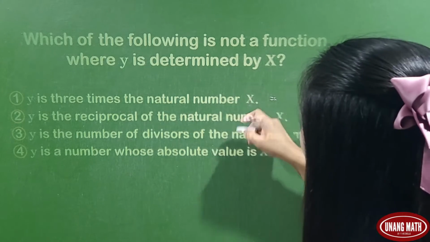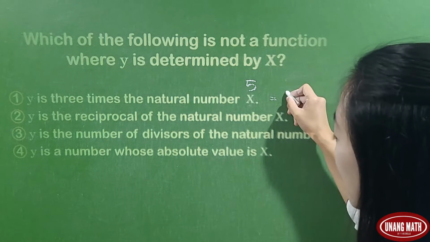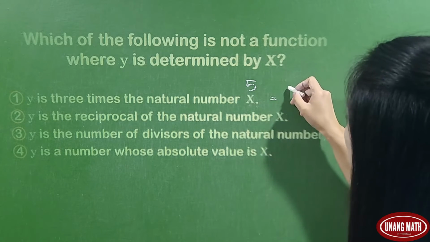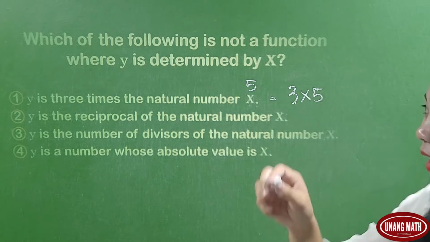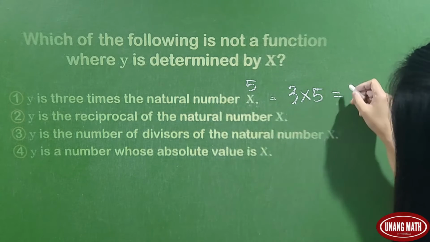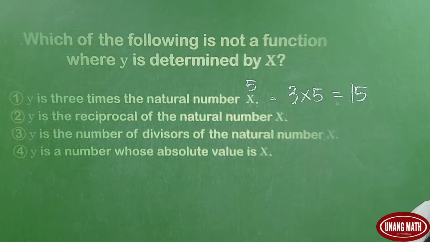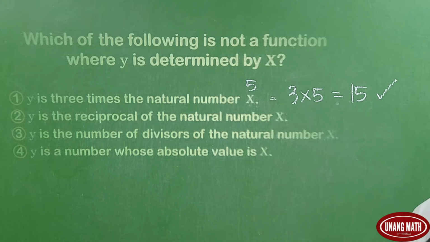Let's say x is 5. So this is now 3 times 5, and there is a unique value for y, which is 15. So it means number 1 is correct. This is an example of a function.